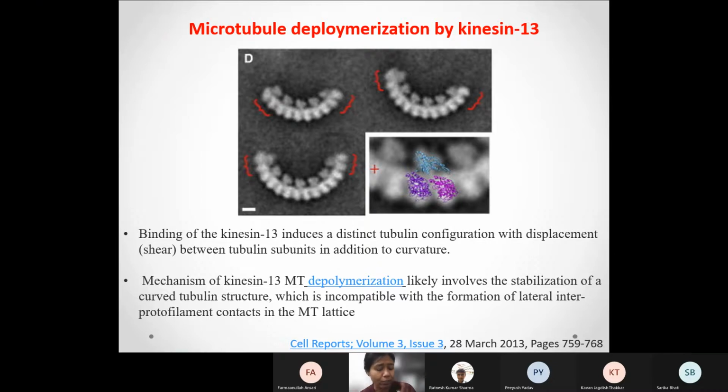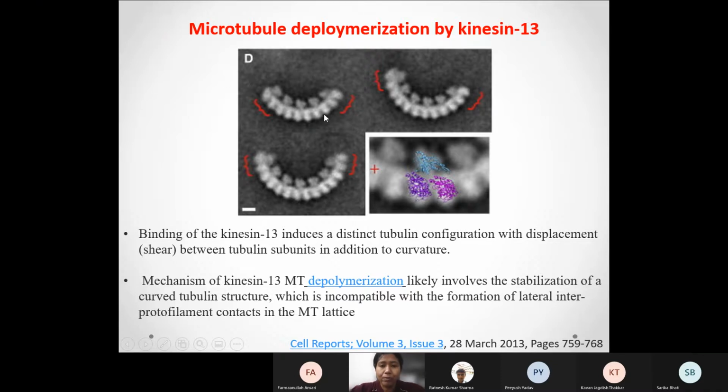You take a lot of cryo-electron images, and then you combine all of these images to see exactly how it forms, and you have this kind of an average image. And what do you see? You see that these individual kinesins are actually promoting buckling of the microtubule protofilament.